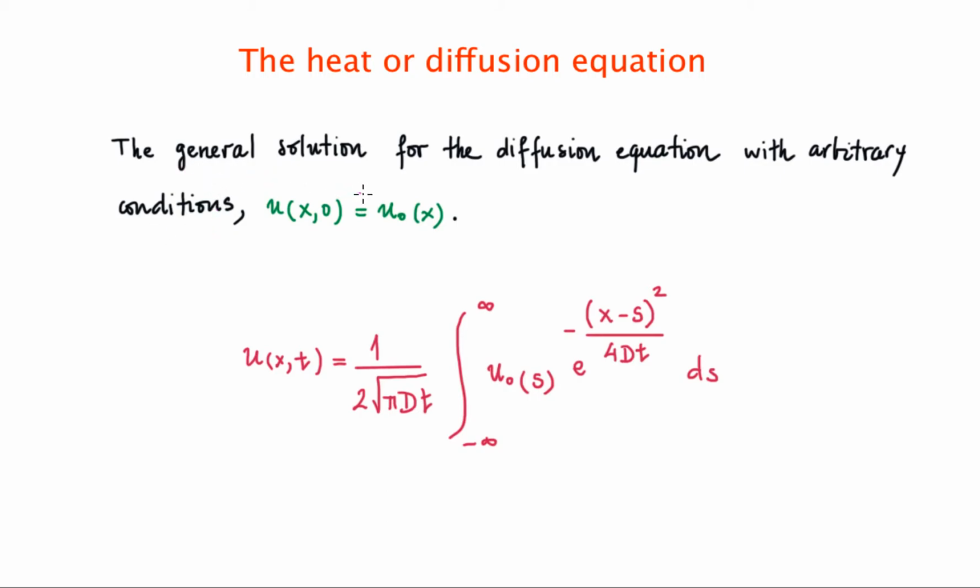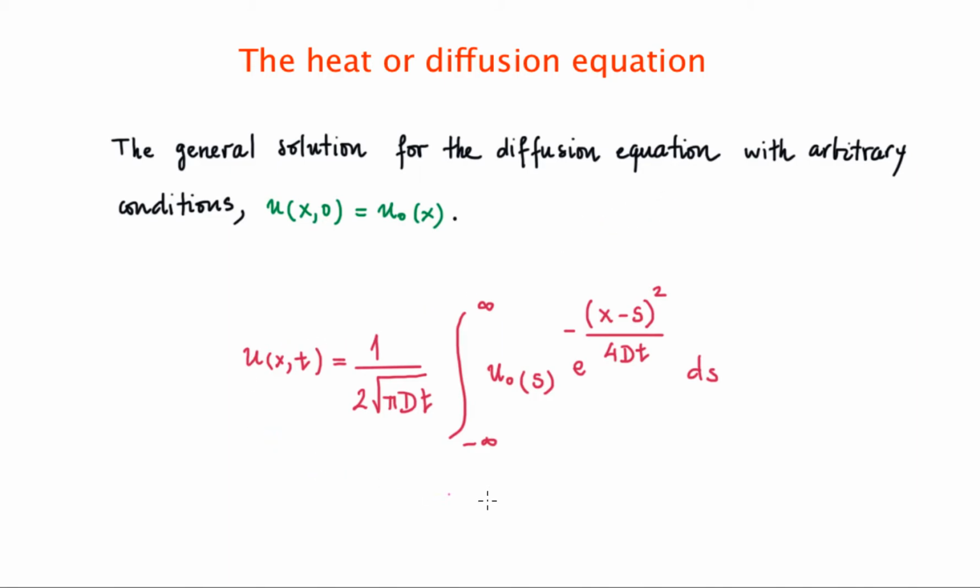And the general solution for the diffusion equation with arbitrary initial conditions, which is some function we are going to call u0 depending on x, and with free boundary conditions, which means that the derivative on both sides, at minus infinity and at plus infinity, is going to be 0.